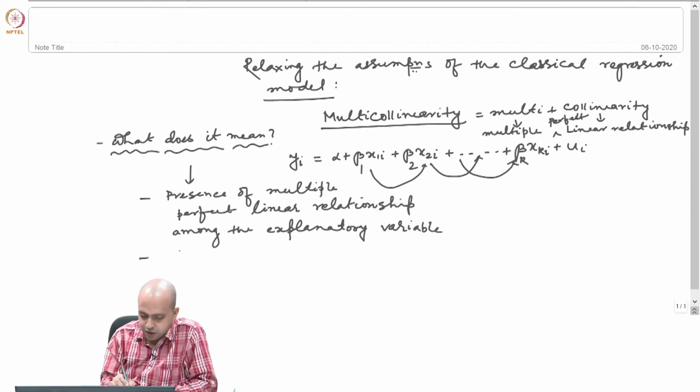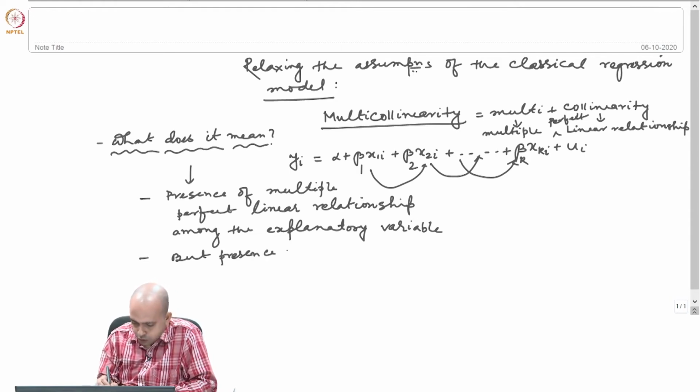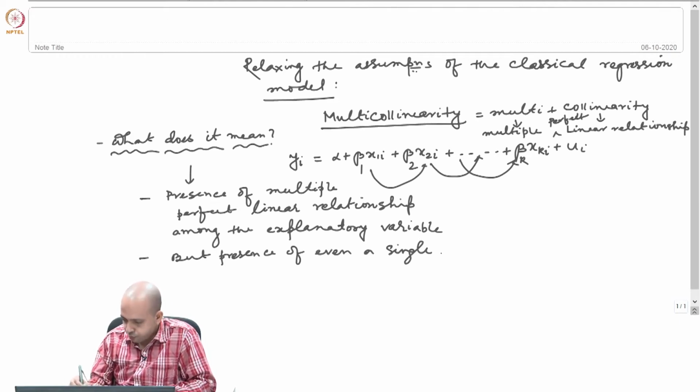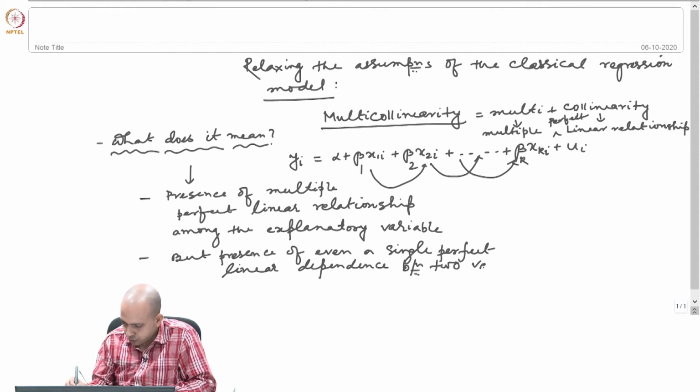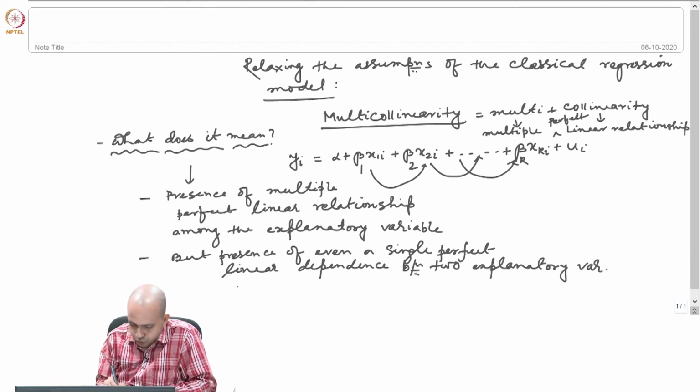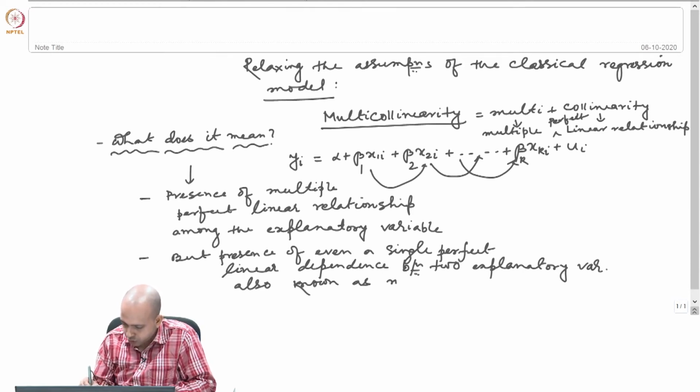This is the meaning, but presence of even a single perfect linear dependence between two explanatory variables is also known as multicollinearity.